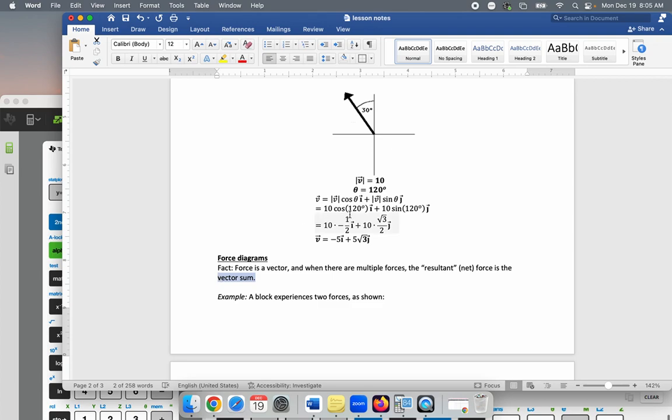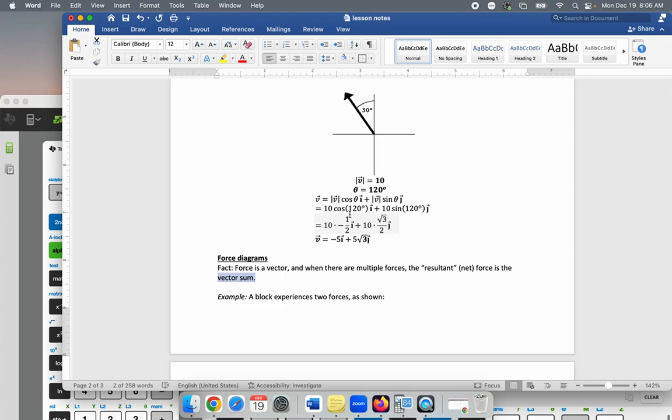So in other words, each of those forces is represented by a vector, and the total force which the object experiences, the net force, is given by the vector sum of those different forces.